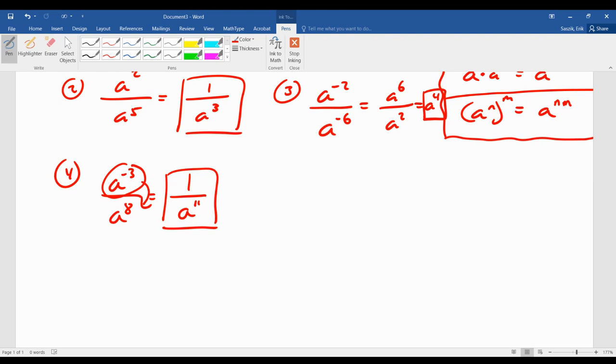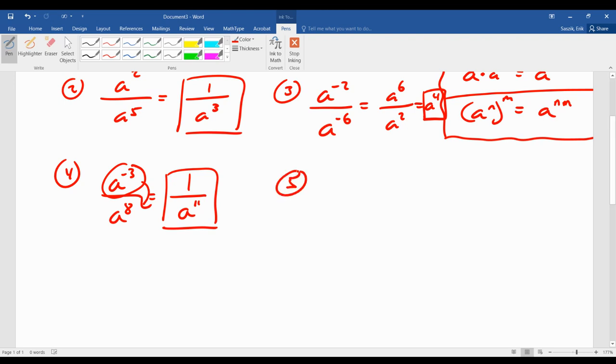Okay? So that's really the gist of what we're doing with these types of problems. If you have the same variable in different positions, top and bottom, make it positive first, and then ask yourself where you have more.